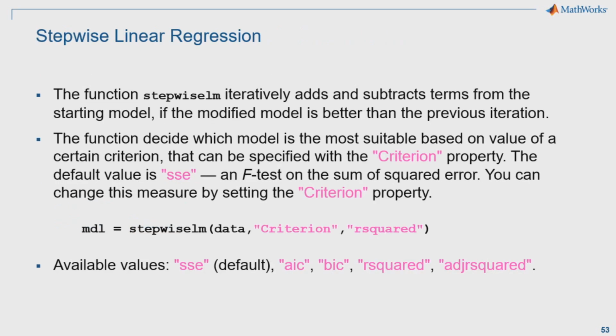Another way to fit a regressor is to use the stepwise linear regression, which is a kind of regression technique in which you iteratively add and subtract terms from a starting model.